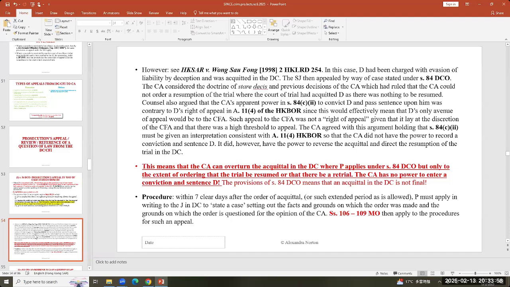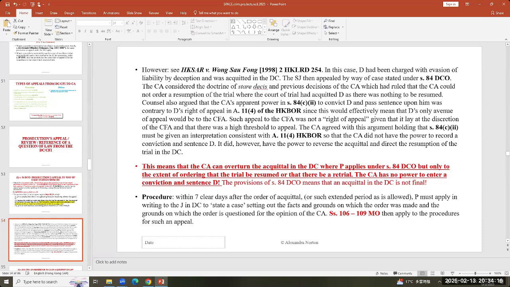So you can never just rely on a statutory provision itself. You have to look to see how case law has interpreted that statutory provision, or sometimes even held it to be invalid. So the case here is Wong Sao Fong.